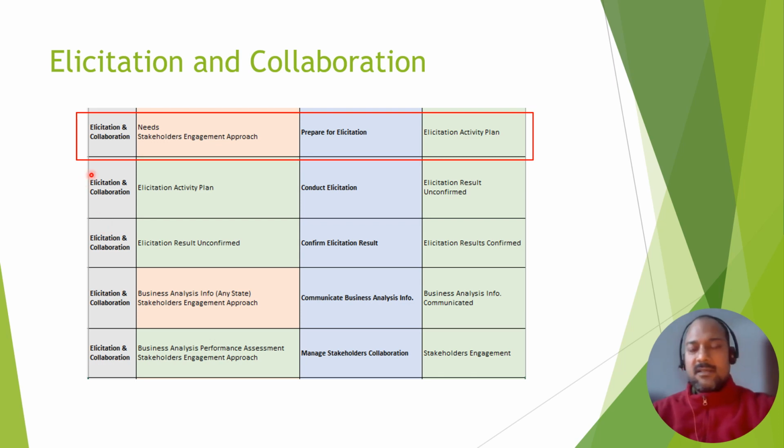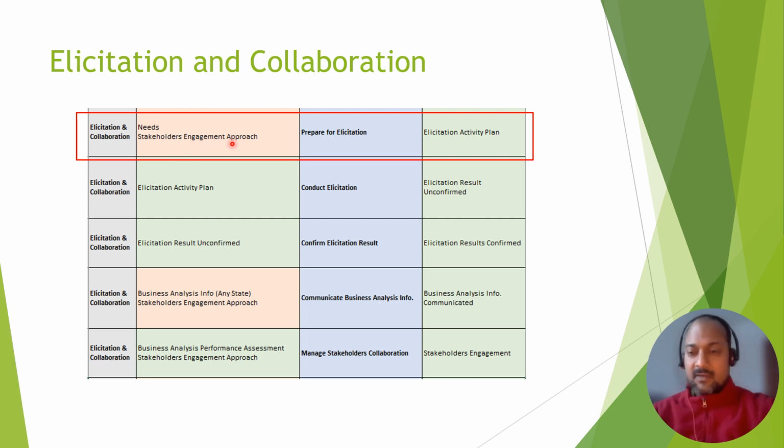So here, elicitation and collaboration. We were talking about this first activity, that is prepare for elicitation, and the inputs that you need in advance are needs and the stakeholder engagement approach.